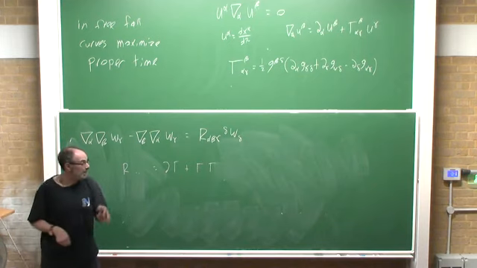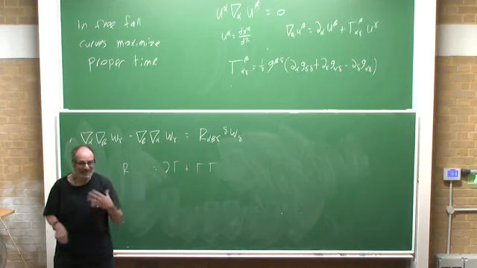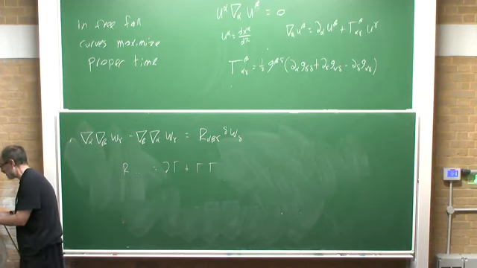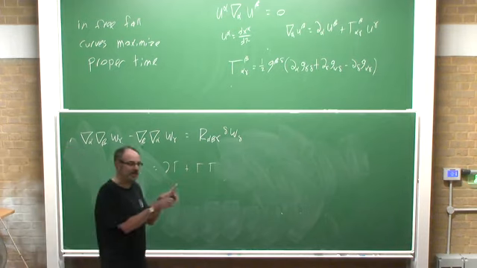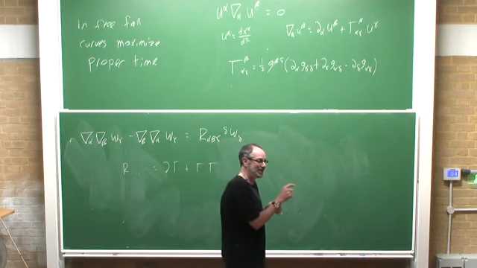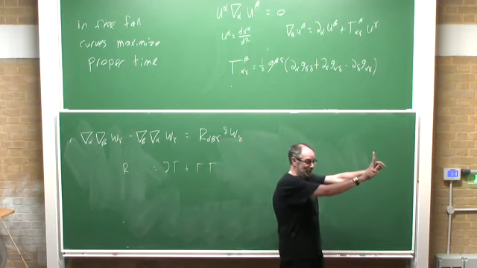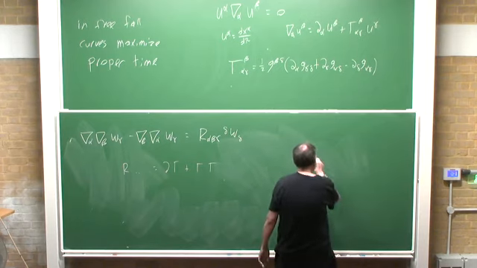Okay, so what does this Riemann tensor mean in terms of the physics of things falling in a gravitational field? Well, basically what it does is it gives the relative acceleration of things that start out falling in the same direction.